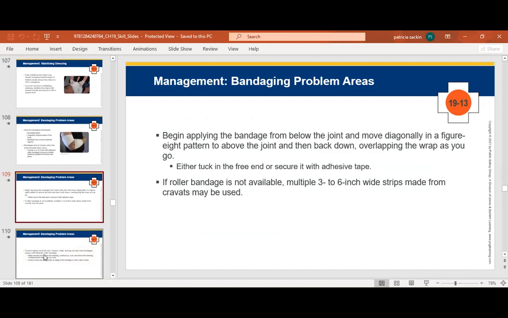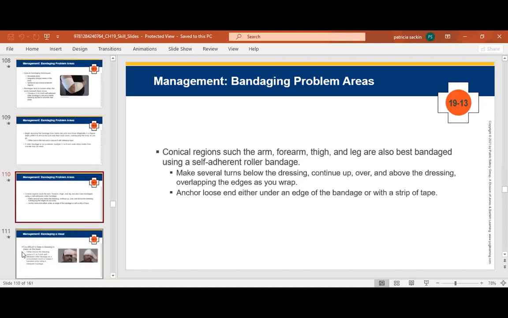This talks about problem areas for bandaging. It's a lot of practical doing it and knowing what you have available to you and using what you have available. Next slide. Arms, forearms, thighs, legs: the best bandage is the self-adherent roller bandage.